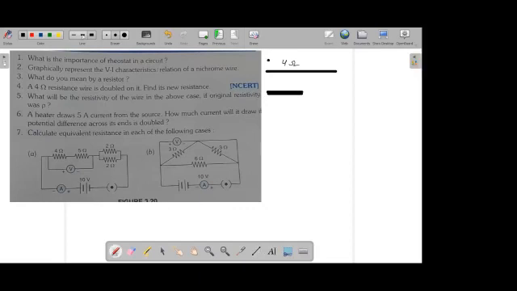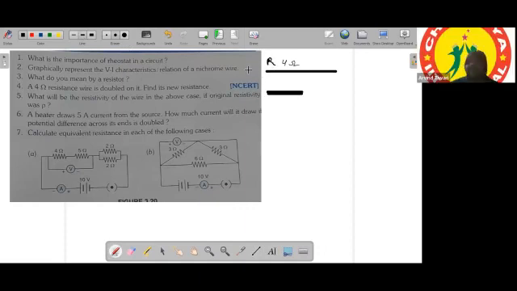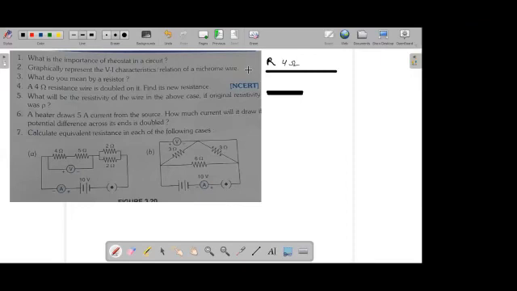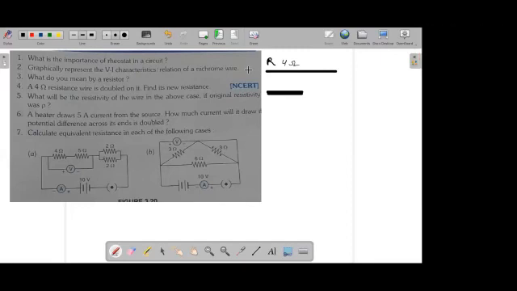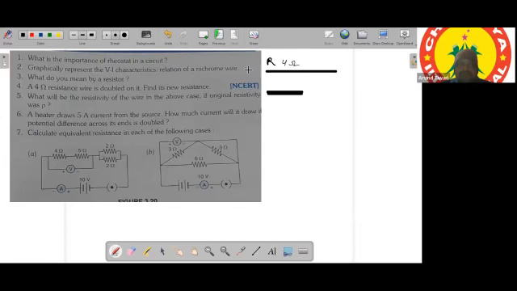Sir, if it's doubled, length will be 2L and area will be A by 2, right? The area is doubled, so the length will be decreased. So the resistance maybe 1. Yeah, the answer is 1. A 4 ohm resistance wire is doubled on it, you will have the resistance of 1 ohm.